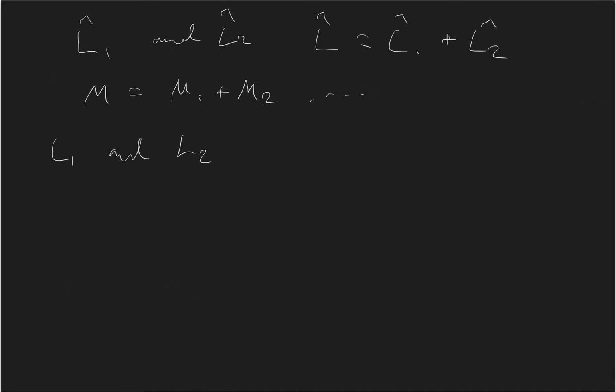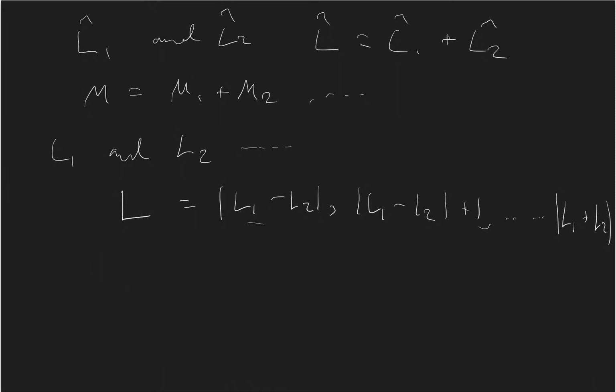So if we were given quantum numbers L1 and L2, the possible values that the total angular momentum quantum number L could have look something like |L1 minus L2|, |L1 minus L2| plus 1, and so on, up to L1 plus L2.